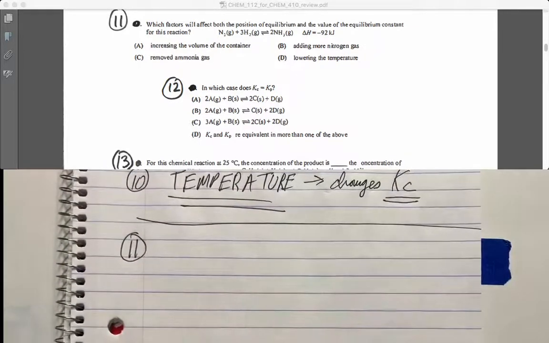And so in this particular one, which factor will affect both the position of the equilibrium and the value of the equilibrium constant? And again, that would be lowering the temperature. Lowering the temperature will favor products, but it also, since it's a change in temperature, will affect the equilibrium constant.